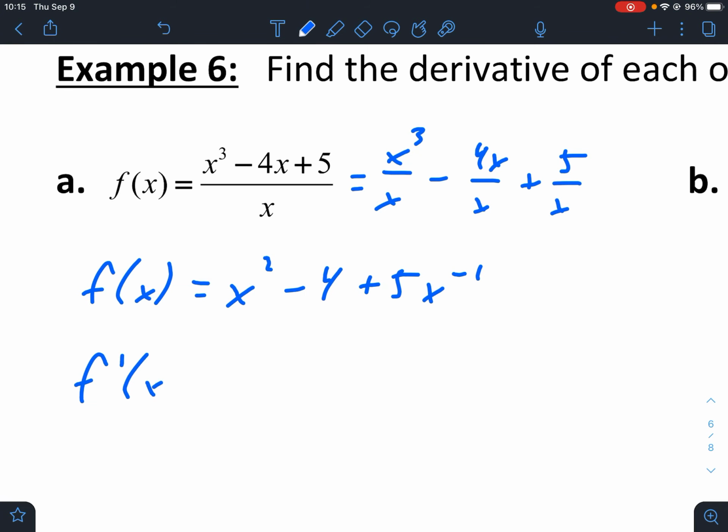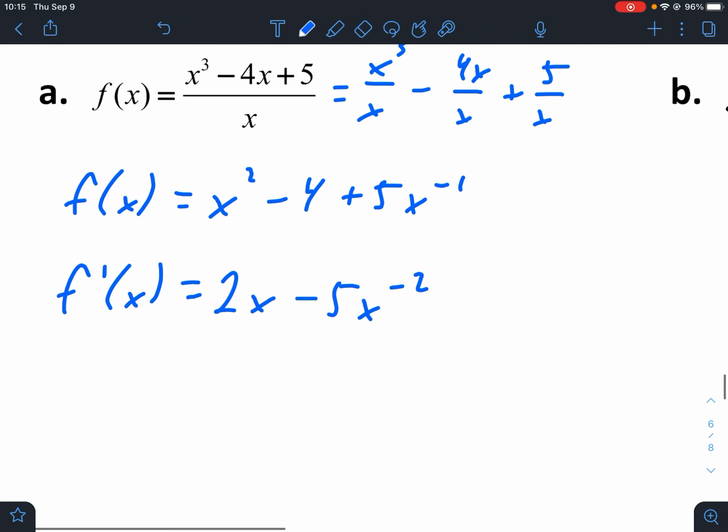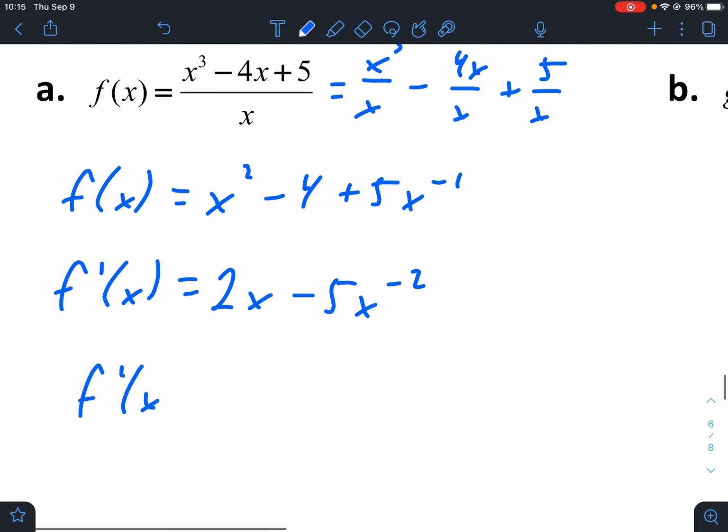So then our derivative would be 2x. The derivative of -4 is 0 minus 5x to the -2. So then our final answer would be 2x minus 5/x squared.